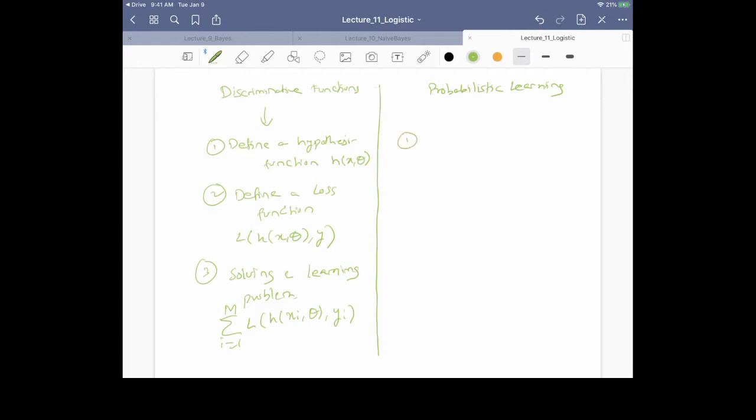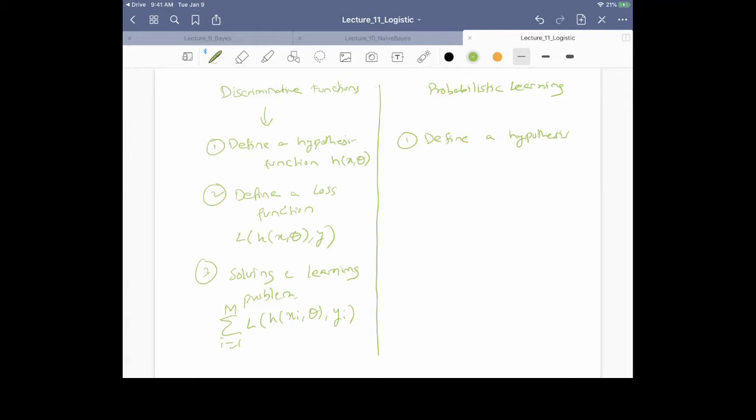Again, we have a hypothesis function, whether this is a linear model or a non-linear model. For example, one example of a hypothesis function is h of x equal to w transpose x plus b. So this is a simple linear model, a simple hypothesis function.